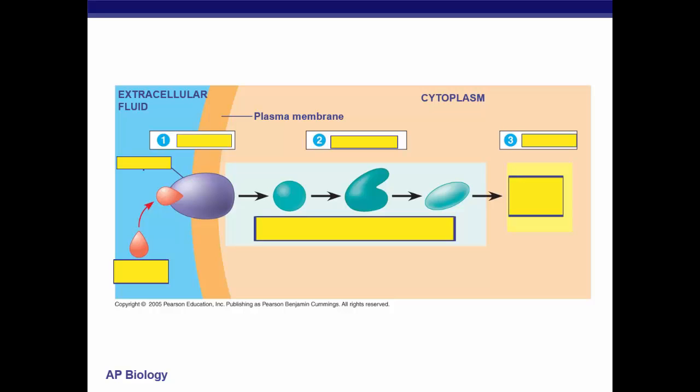And all they asked you to do was to describe what's happening in step 1, describe what's happening in step 2, describe what's happening in step 3. So take a moment. I would say pause this video, go back a little bit, take a look at the last slide, and see if you can write up what is happening in step 1, what is happening in step 2, and what is happening in step 3. Take a second, pause the video, and come back when you're ready.